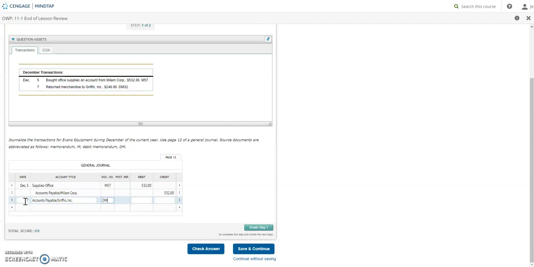My source document is DM32 and debit for $248. I'm then going to credit Purchases, Returns, and Allowances. Remember, it doesn't matter if it's a return or if it's an allowance, it still goes to the same account.